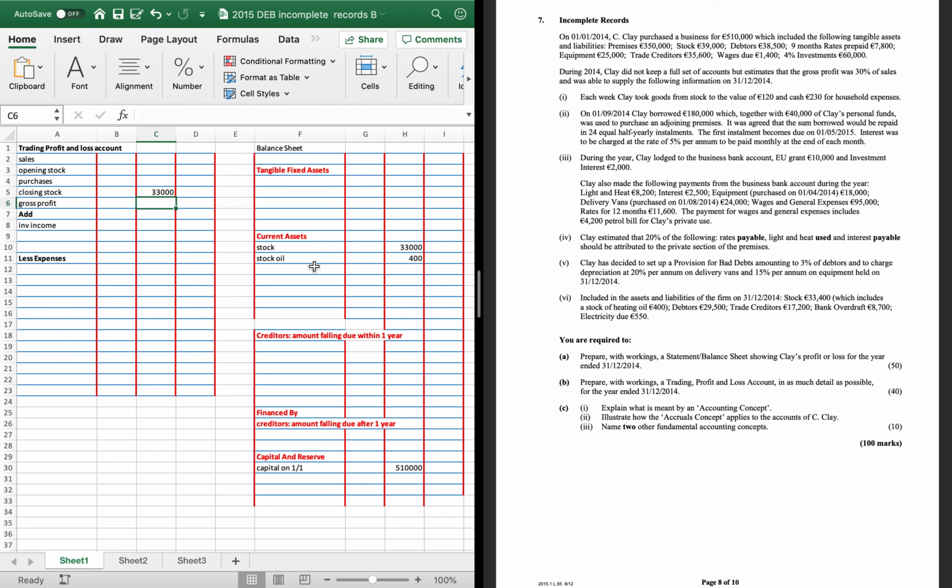Okay, I'm going to put in my debtors. My debtors is 29.5, and I'm going to deal with that bad debt provision. Okay, so I'll get that out of the way now. The bad debt provision is 3%.